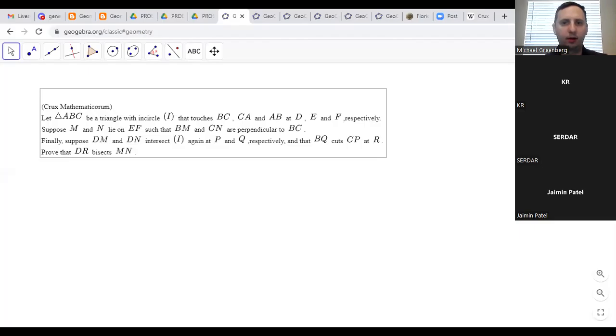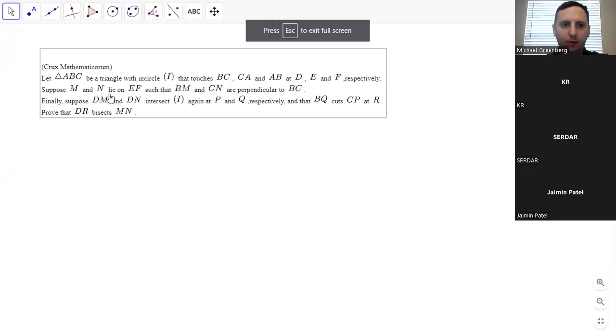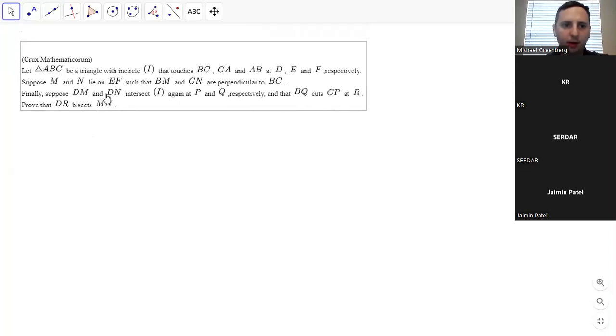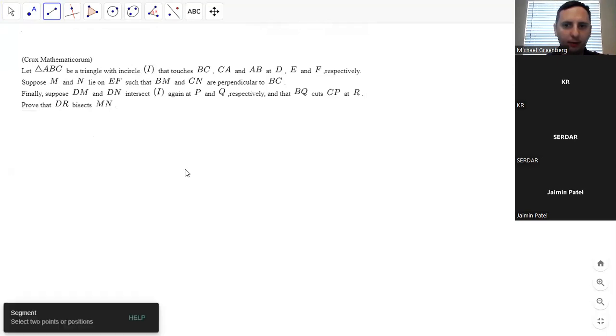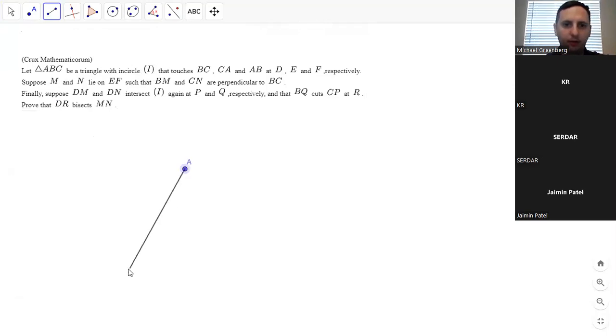All right, so here's the first problem, and I believe this one was proposed by Buratino. So we will see how hard it is, or if it's not that hard.